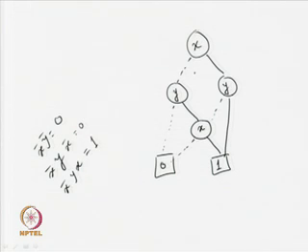Basically, I am looking at this particular path valuation: x equal to 0, y equal to 1, and x equal to 1. Now you see that in this particular path, the valuation of x is taken as 0 as well as 1.